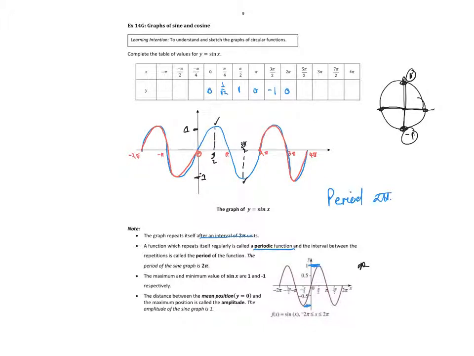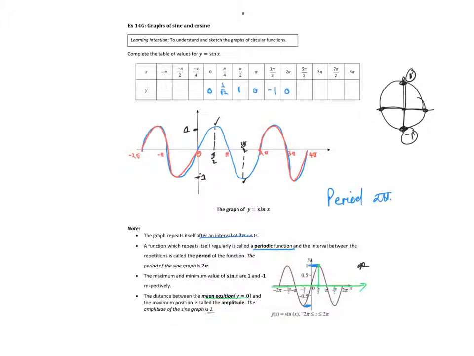And the other terminology we use is the distance from the middle point. And the middle point is our average value. It's that line there. It's where the axis is. It's the mean position. So the distance from the middle point to the extreme points, whether it's the top or the bottom, is called the amplitude.